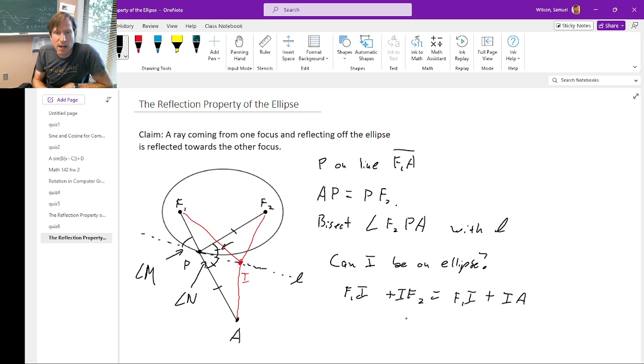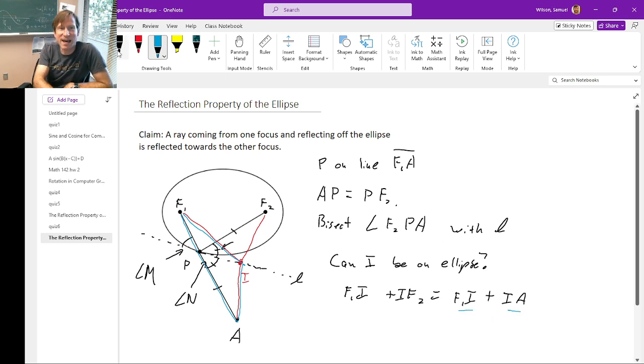All right, and now notice that we have a triangle here. We have from F1 to A, from F1 to I, and from I to A. And two of the sides of this triangle we have sitting right here, from F1 to I and I to A. But one characteristic thing about a triangle is that if you add together any two sides, the sum has to be longer than the third side.